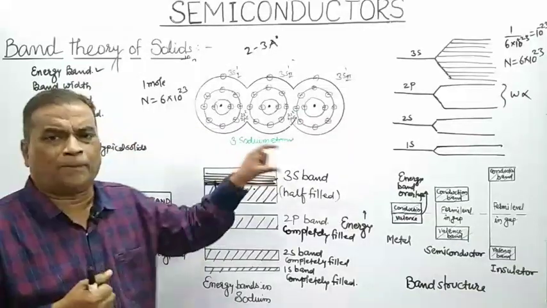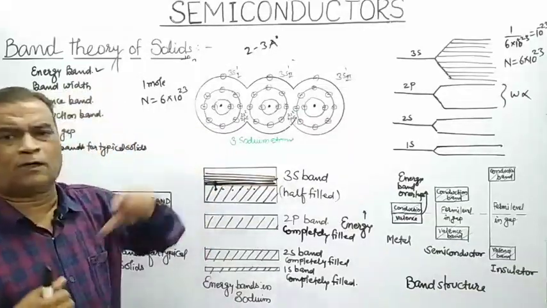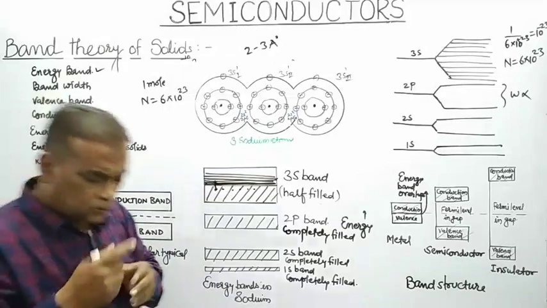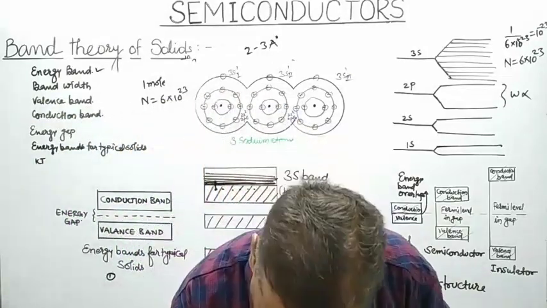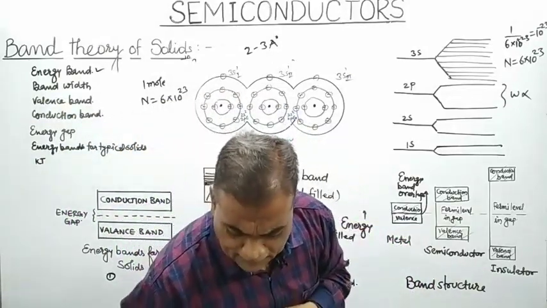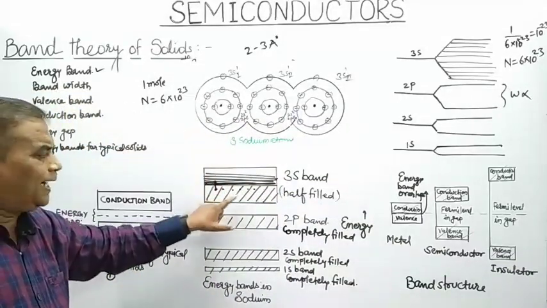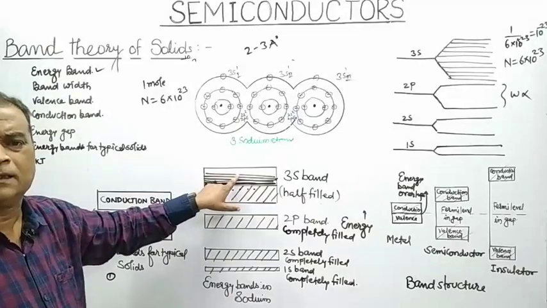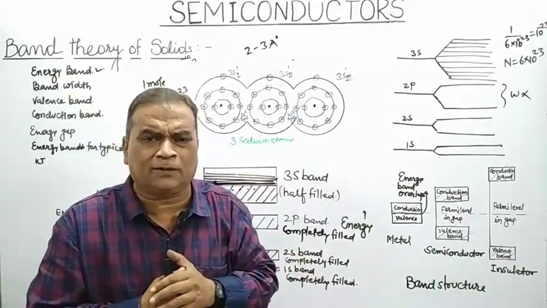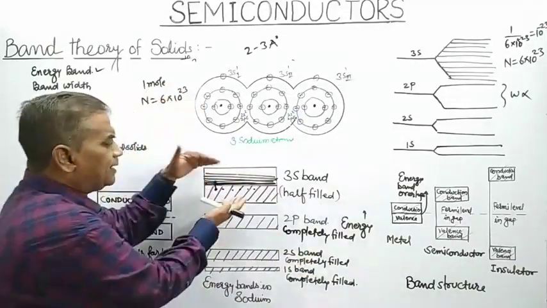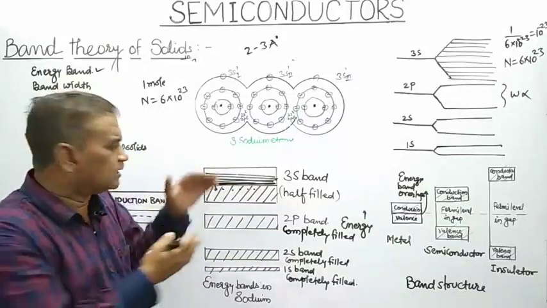A band formed by conduction levels is called a conduction band. As far as sodium is concerned, the valence band and conduction band overlap with each other.